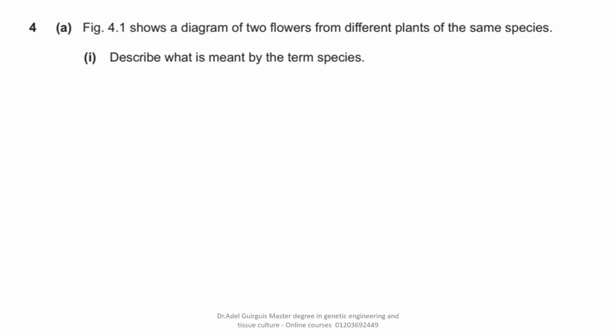Now for question number 4, figure 4.1 shows a diagram of two flowers from different plants of the same species. Describe what is meant by the term species.